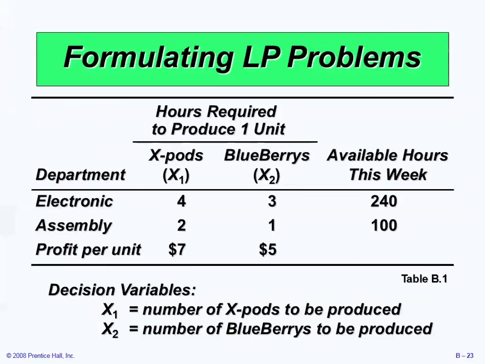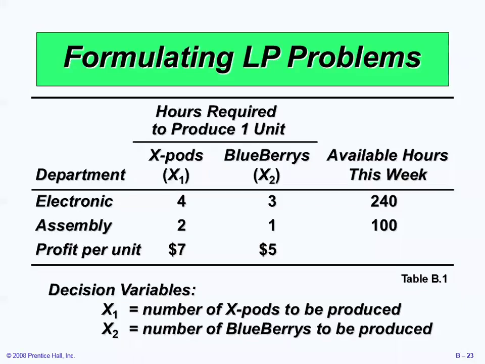So we're given per X-Pod how many hours are required in the electronics and assembly department to produce, and per Blueberry how many hours in the electronics and assembly department, and the available time in the electronic and assembly department this particular week. And we also have the profit contributions of X-Pod as well as Blueberries.